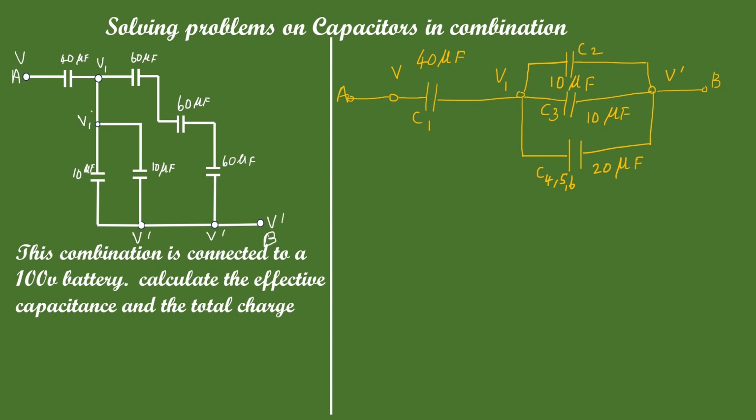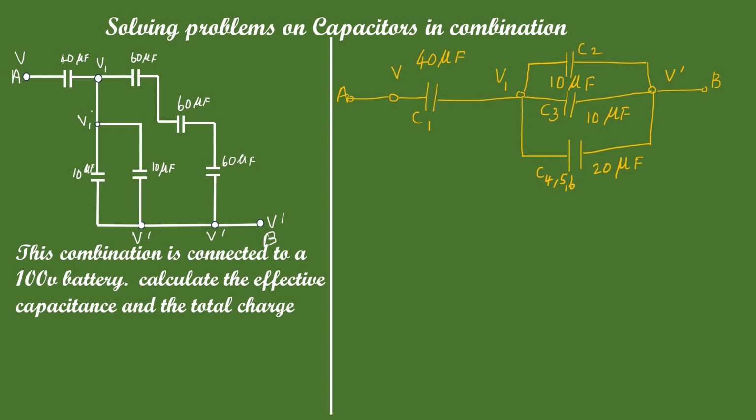Between V1 and V dash, the circuit has become very simple. We have the capacitors C2, C3 and the equivalent capacitance for C4, C5 and C6 in parallel connection.